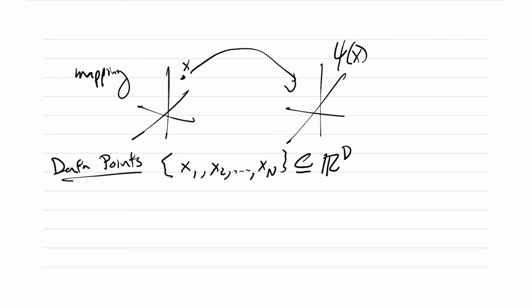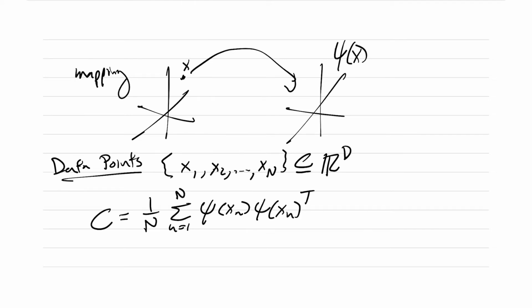And then we're going to compute the covariance matrix again, and just remember, like last time, we ended up having the sum of n going from 1 to capital N of psi(x_n) times psi(x_n) transpose, right?